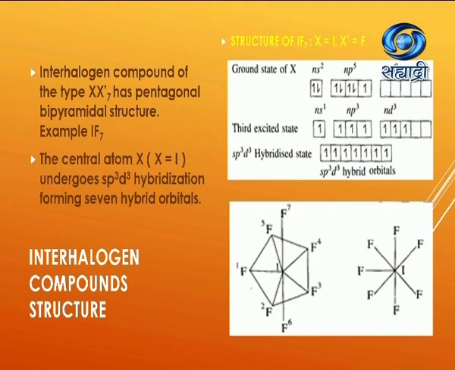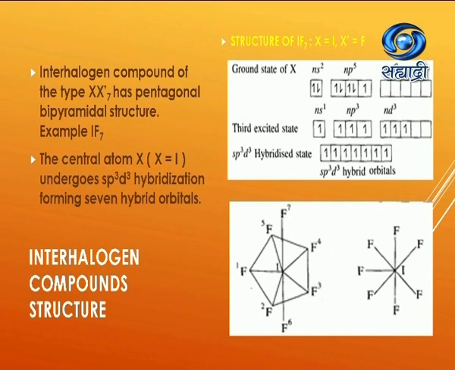Now let's consider the next one, which is IF7, iodine heptafluoride. Here X is again iodine. In this case, you will observe the ground state configuration of X, ns2 np5. Now all these electron pairs are uncoupled and electrons are promoted to the vacant nd orbitals. In the third excited state, the configuration is ns1, np3, nd3.